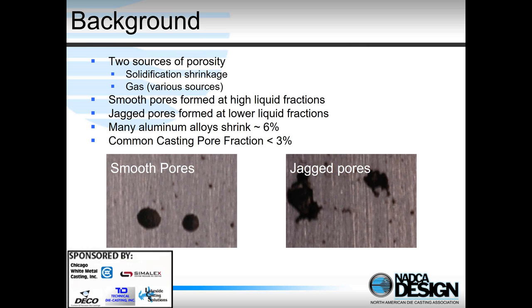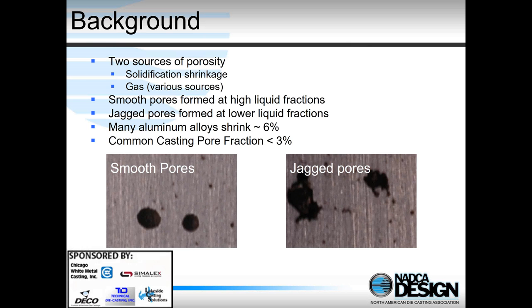So, as we talked about earlier, many of the different types of defects in die castings can be related to porosity. If we look at the 2 photographs here, the smooth pore shown on the left-hand side, often this is thought of as a gas pore, while on the right-hand side, jagged pores are often thought of as shrinkage porosity. This is not quite accurate, so let's briefly describe how these pores form.